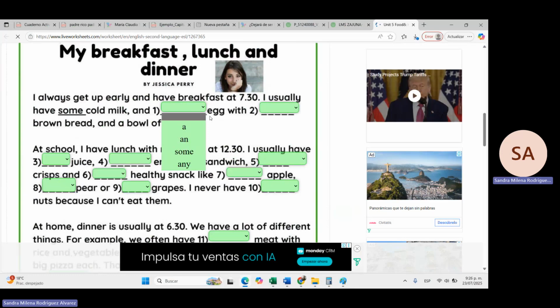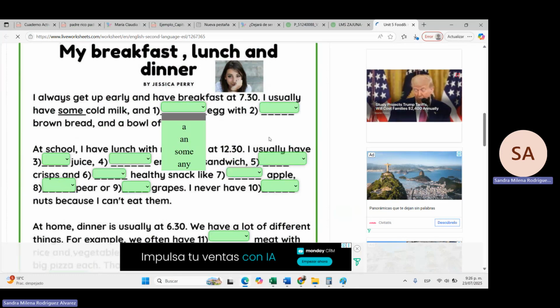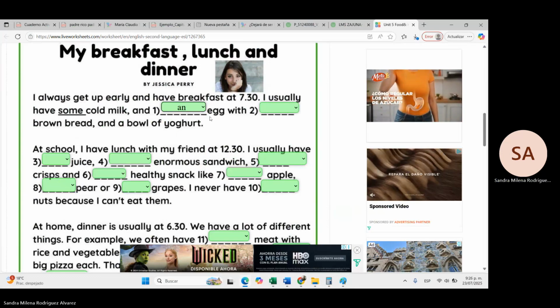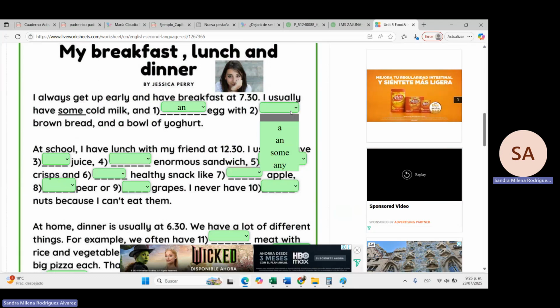So I always get up early and have breakfast at 7:30. I usually have some cold milk and egg. I am referring to one egg. So the answer would be an egg with some bread.